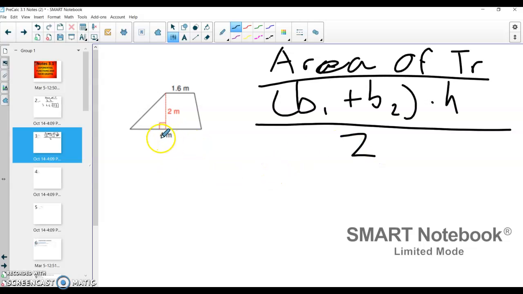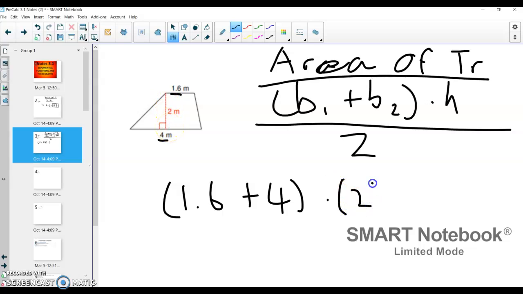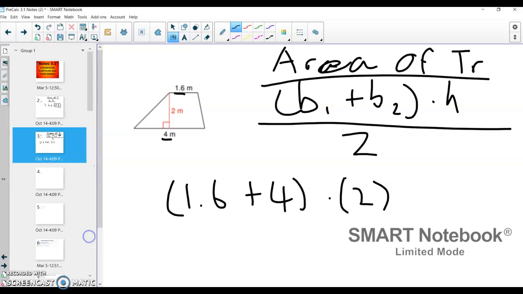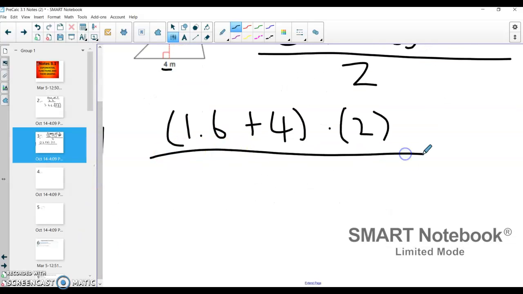Okay? Here I have base 1 being 1.6. I have base 2 being 4. And so this is 1.6 plus 4 multiplied by the height, which is, again, the line that's going to connect one parallel line to the other. In my case, it's going to be 2. And now this whole thing is going to be divided by 2.